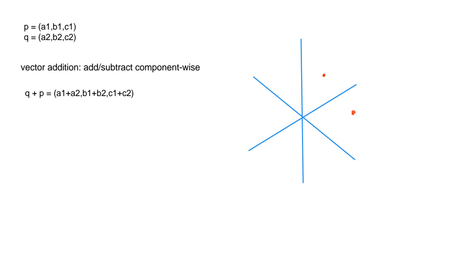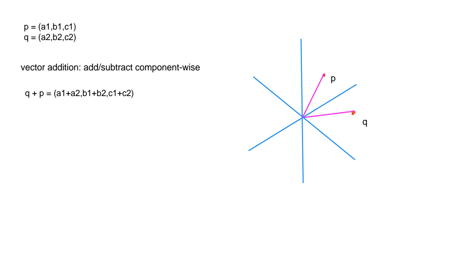Okay, just pretend I have this P, I have this Q. P we can look at as a vector from the origin, same thing for Q. We need to add an arrow.